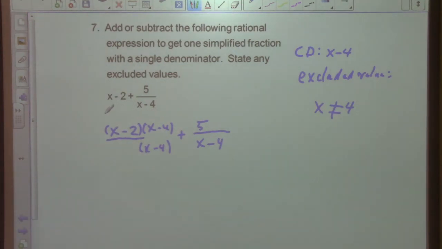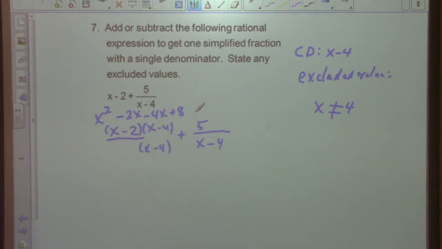x squared. You see that, x times x, minus 2x, minus 2 times x, minus 4x, and then negative 4 times negative 2 is going to be plus 8.